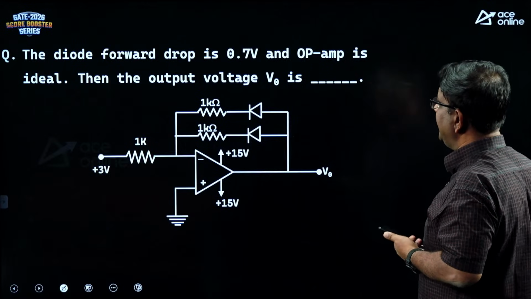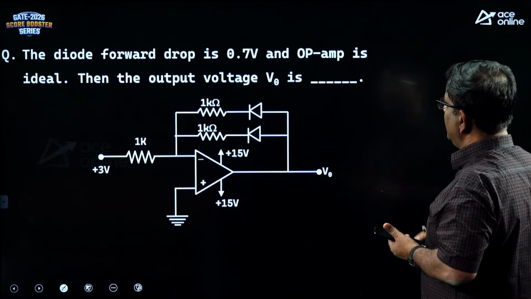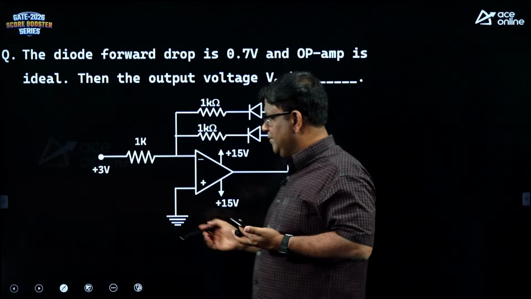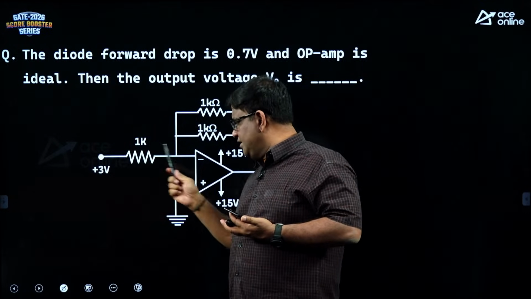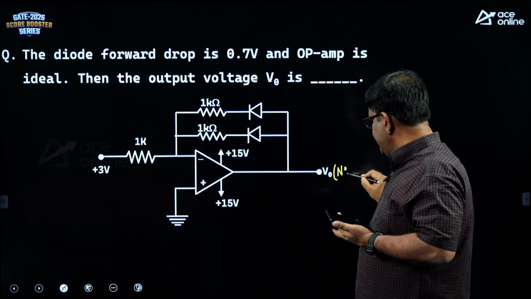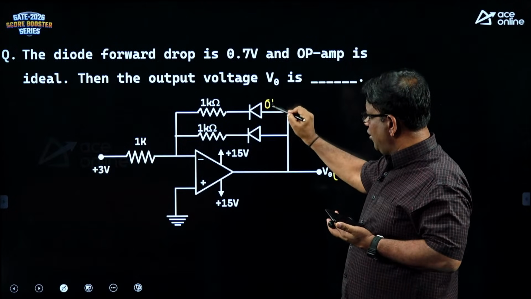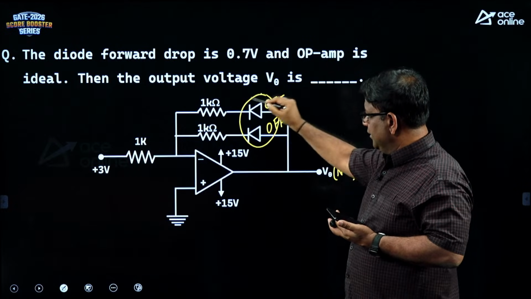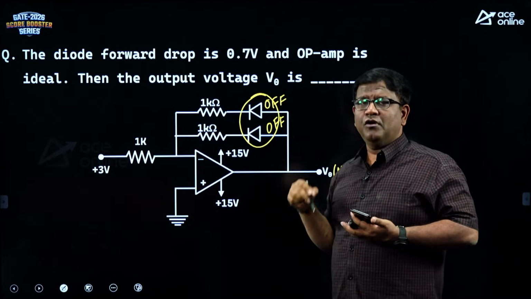Why did this come again? The forward drop is okay. Just to differentiate from the previous problem: when a positive voltage is given to the negative terminal, the output is negative. When the output is negative, these diodes are in off state. When the diodes are off, this op amp goes into open loop.